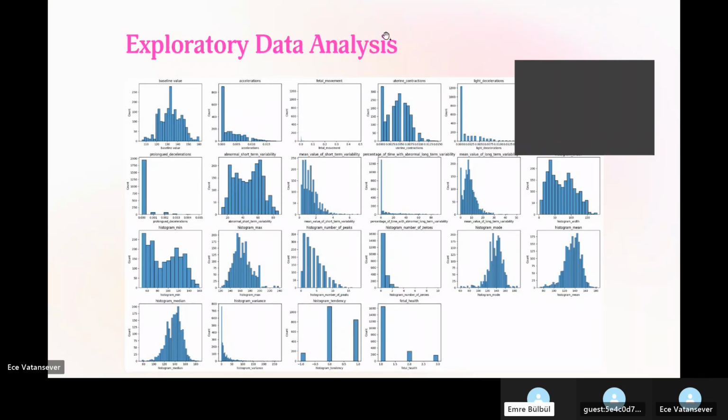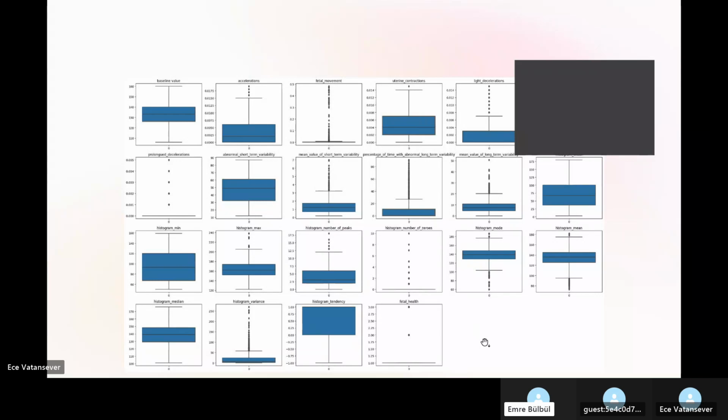The last histogram here shows us most of the data contains normal CTG values, which actually gives us an insight into how imbalanced our data is, and we need to do something about this. In the next slide, we look into the relationship between the variables and the target variable.